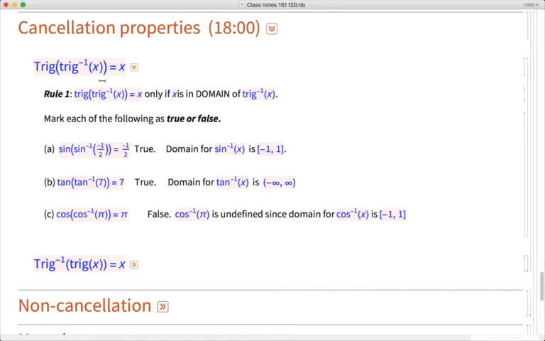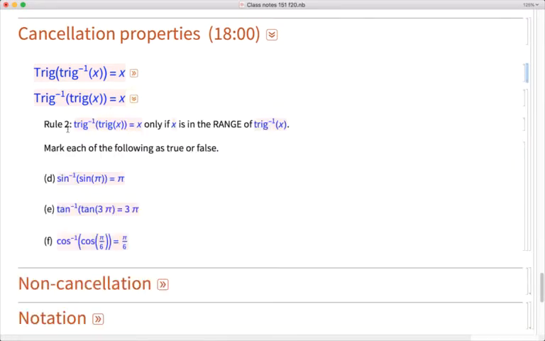Okay, so that's the one variation, trig of inverse trig, and then we'll put them in the other order and look at a few examples there. So again, I've tried to make this general rule for you here. You'll get equality with this identity, but this time it's only when the x is in the range of the inverse trig function.